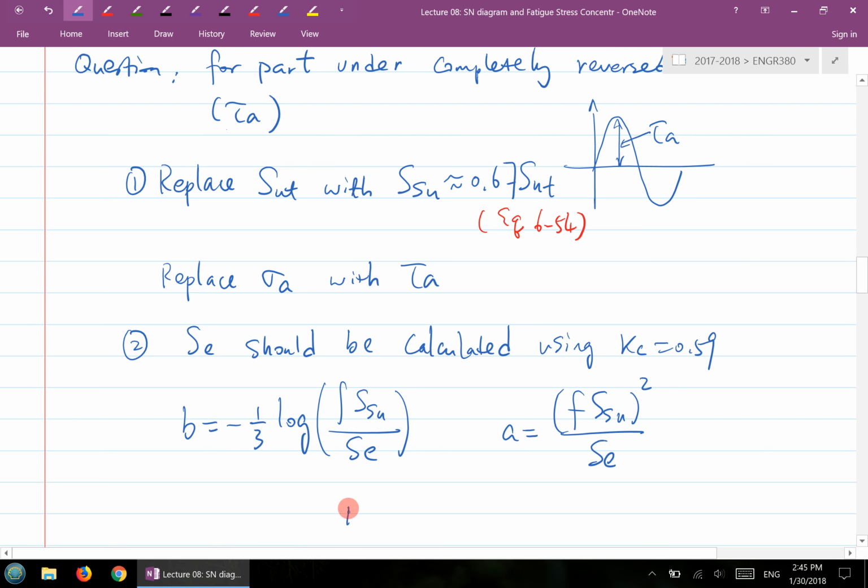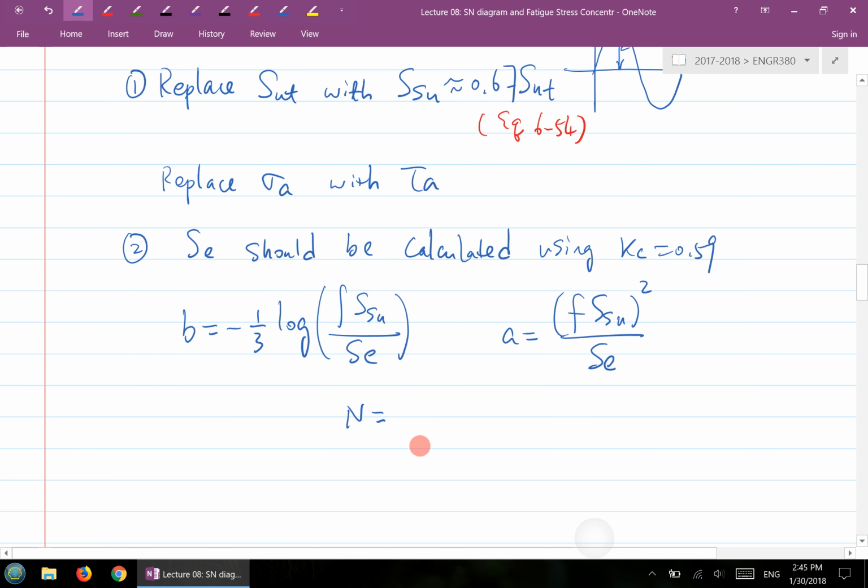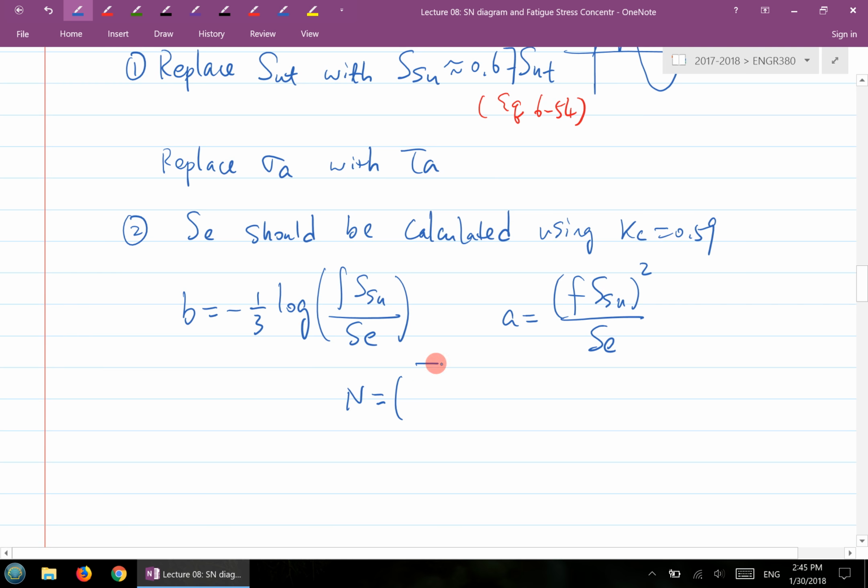And then the N value here is tau A divided by A, to the power of 1 over B. So that's how you can estimate the number of cycles to failure when the part is subjected to completely reversed torsion.